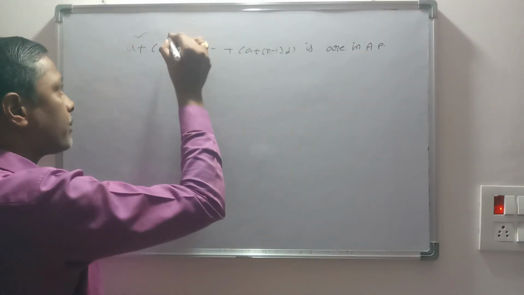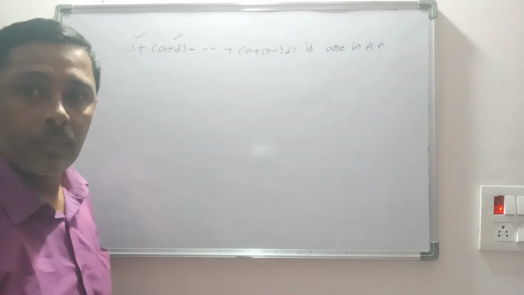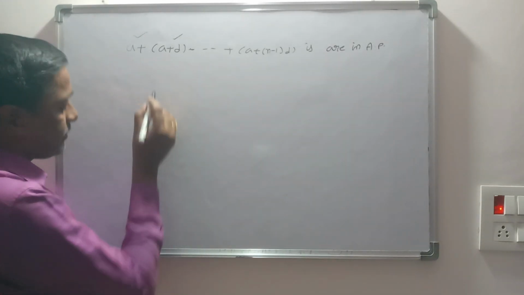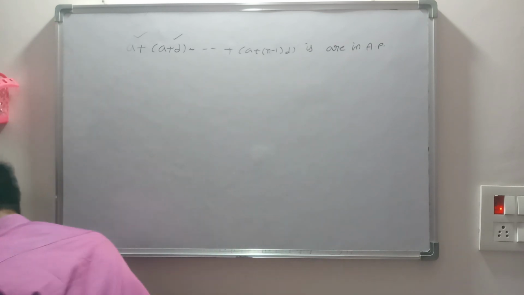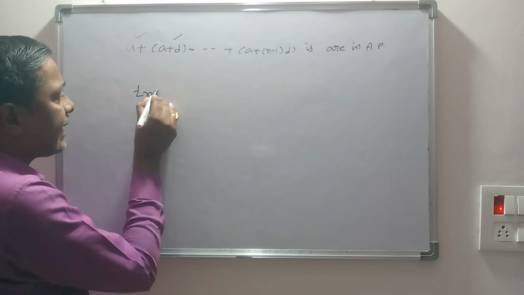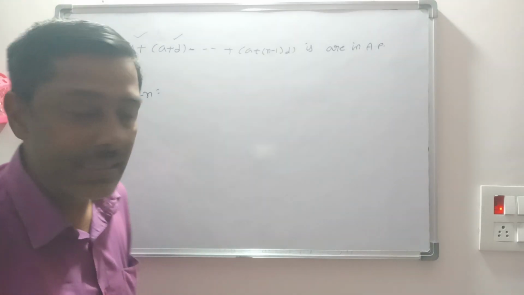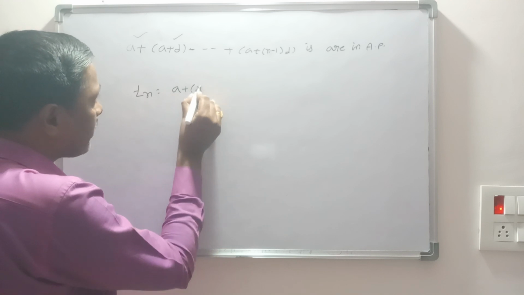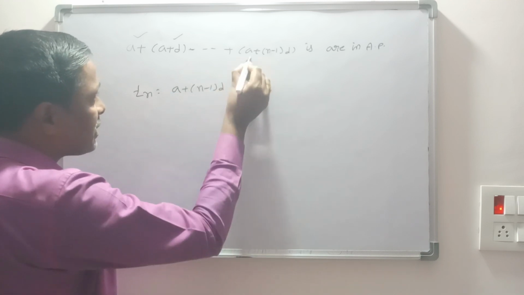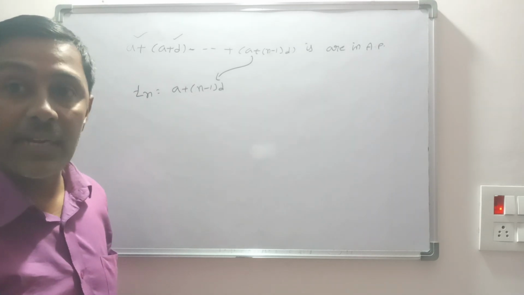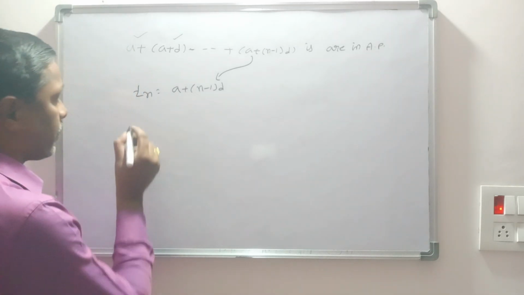This is the first term, this is the second term. First of all, we can find Tn. What is Tn? Nth term. What is the formula for the nth term? a plus (n minus 1) into d is called the nth term.